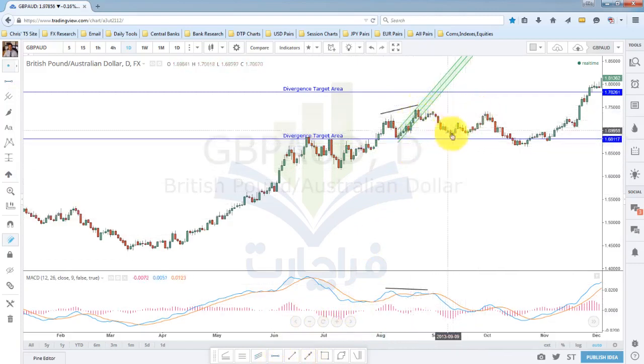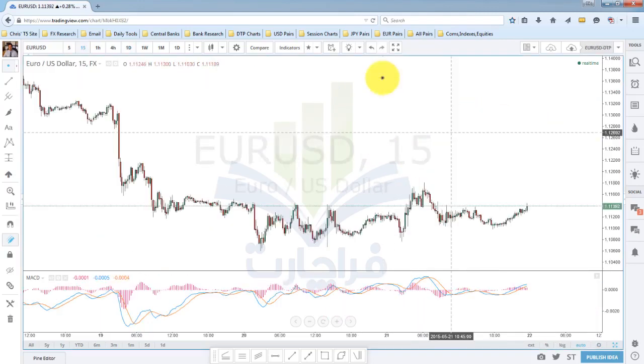Before we had a pretty deep pullback, so you would have probably gotten close to the target, maybe locked in some profits somewhere along the way, and probably got taken out of the market on this move. But you can see how the market targets that low area between the swing points. You can use that in a lot of different ways.